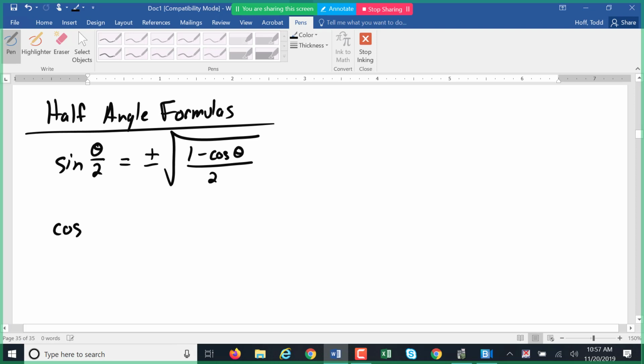For cosine of theta over 2, that's equal to plus or minus the square root of 1 plus the cosine of theta over 2. Now notice that both of those turn into cosines.